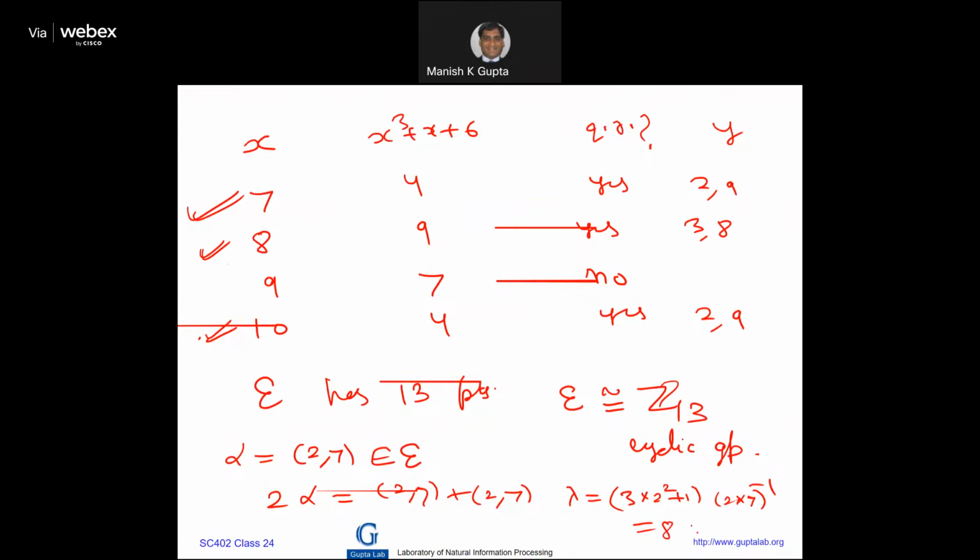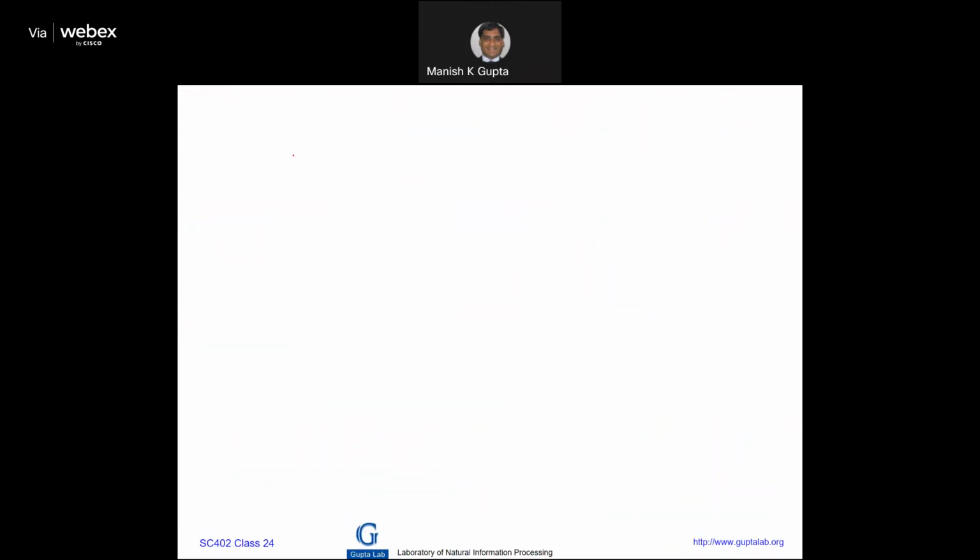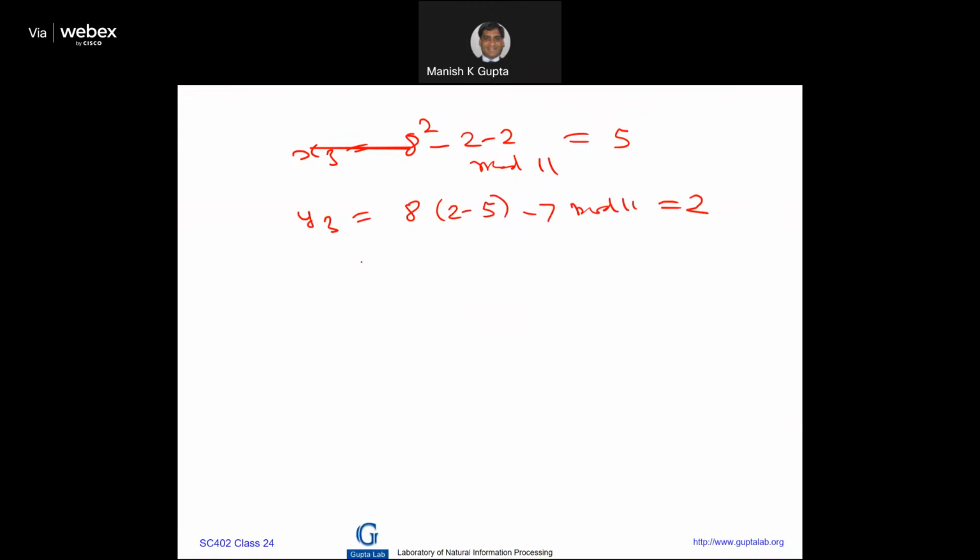This value will be 8. You can compute this. So I can compute the value of x3. X3 turns out to be 8 square minus 2, which is equal to 5 mod 11, and y3 turns out to be 8 times 2 minus 5, minus 7 mod 11, which turns out to be 2. So therefore 2 times 2 comma 7 turns out to be 5 comma 2.